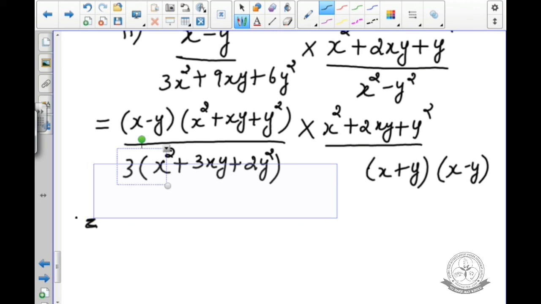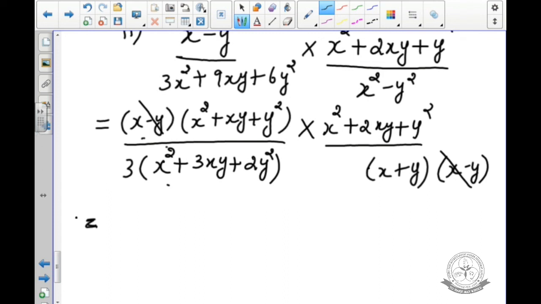So here we can do the cancelling. In the numerator we are having x minus y, and in the denominator also we are having x minus y. So x square plus xy plus y square remains, isn't it?